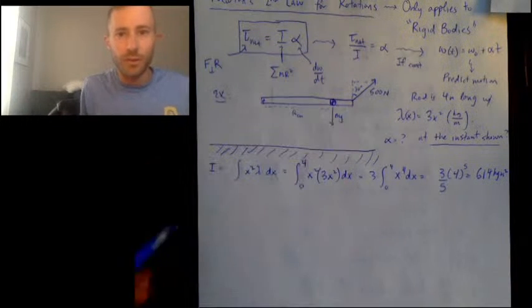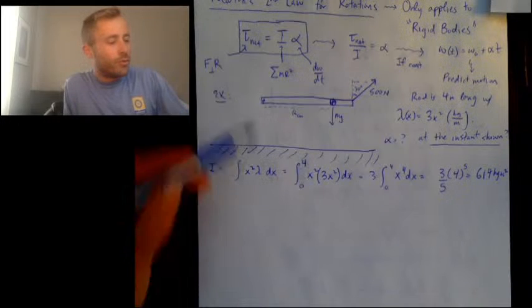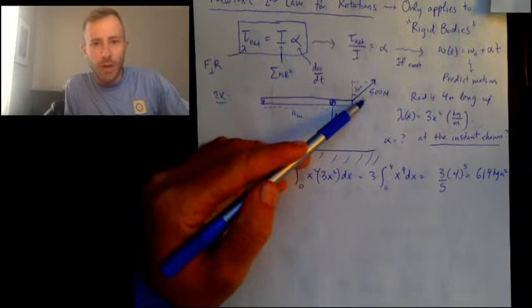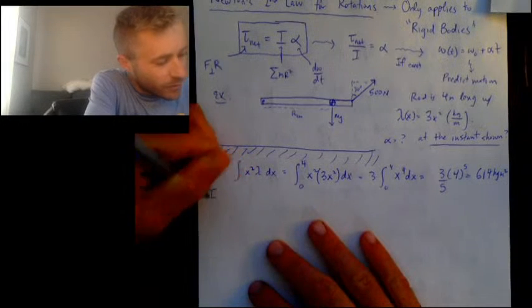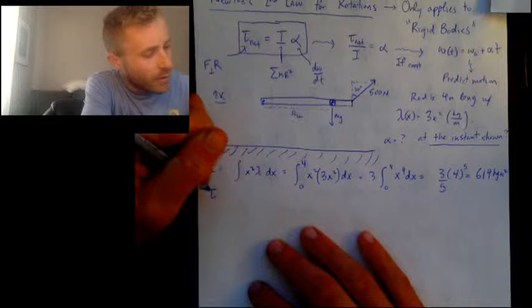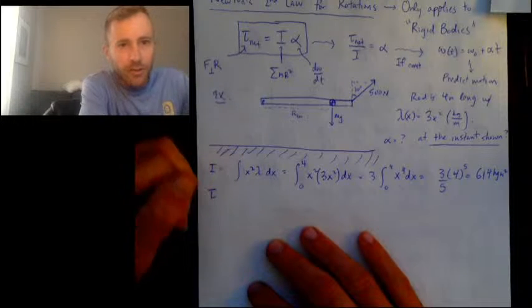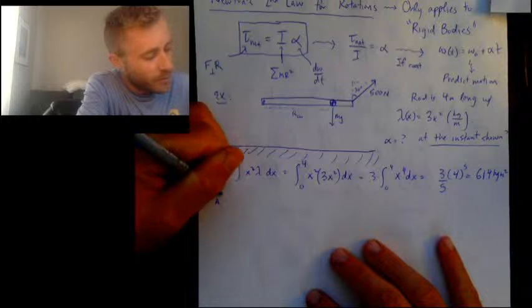Now we have to get the net torque. The net torque is composed of two torques. There's the torque from the applied force, and there's the torque from gravity. So let's go ahead and figure out the applied torque.